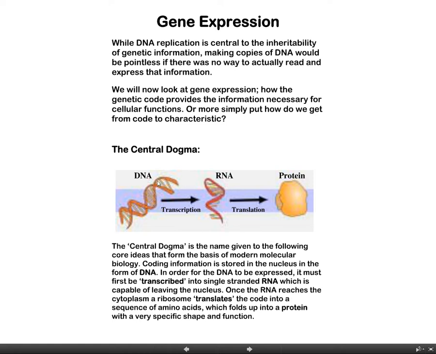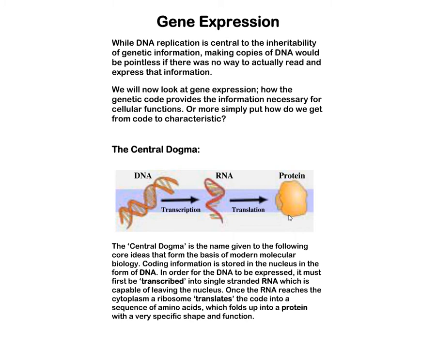So we take a temporary copy, almost a photocopy, of just a single recipe, which will leave the nucleus in the form of RNA, this temporary copy, and then that is translated. Translation is the actual baking. If this is the recipe, translation is when this recipe is actually used to bake the cake, or in this case, to synthesize a protein, and it's this protein that then carries out that function.